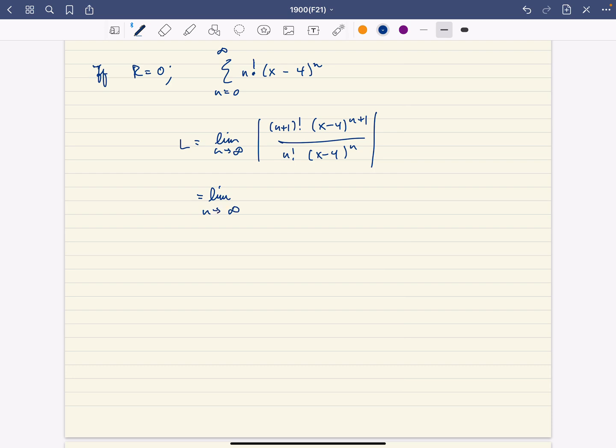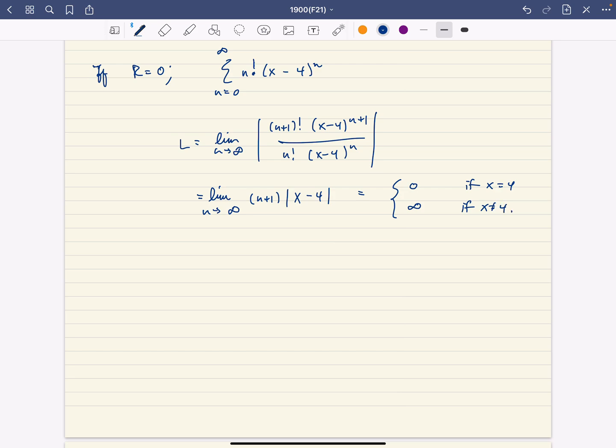The absolute values, we don't need them for the factorials, but the absolute value of x minus 4 we'll need. So this is going to end up being n plus 1 times the absolute value of x minus 4. And it turns out that this limit is going to be 0 if x is equal to 4, and it'll be infinite otherwise.